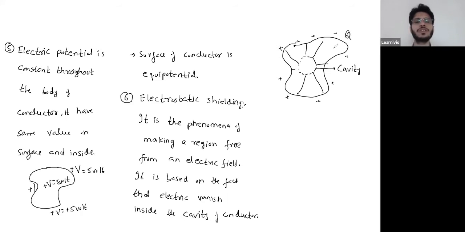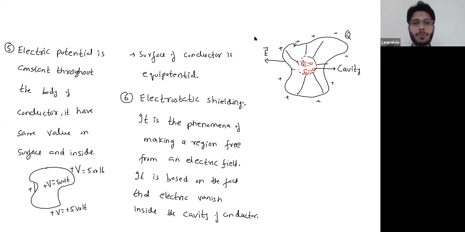Even if I apply a field on this conductor, the charge will again reside only on the outer surface. Inside the conductor, the charge is 0. Inside the conductor, the field is 0. That means this space inside the conductor is shielded from all types of electric fields and electric charge. This property is known as electrostatic shielding.